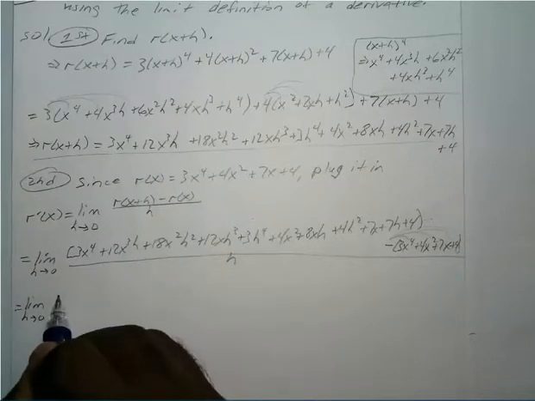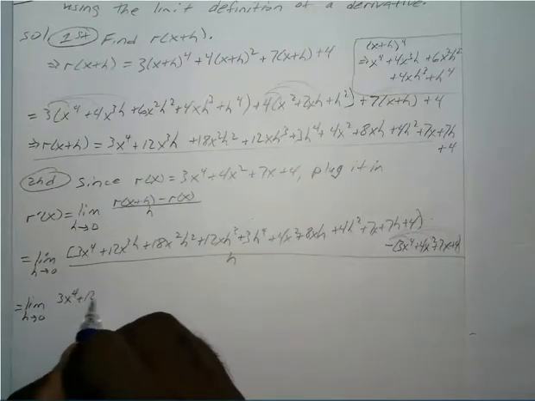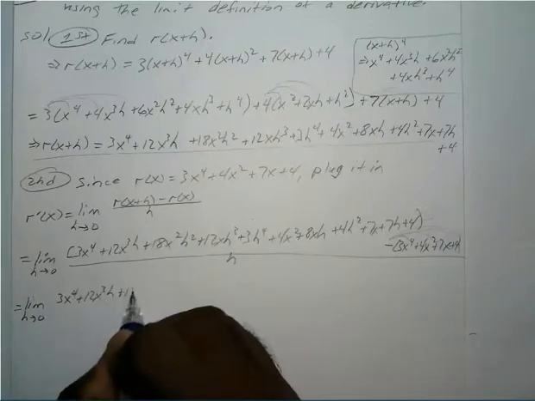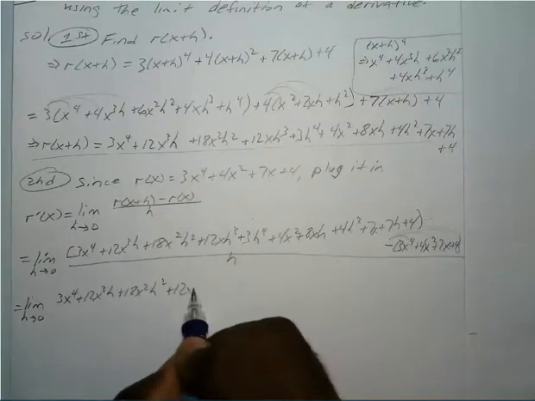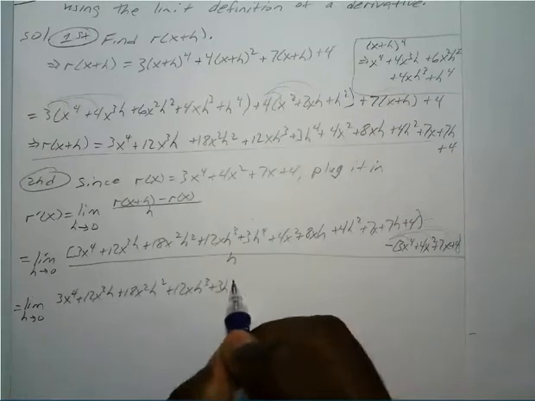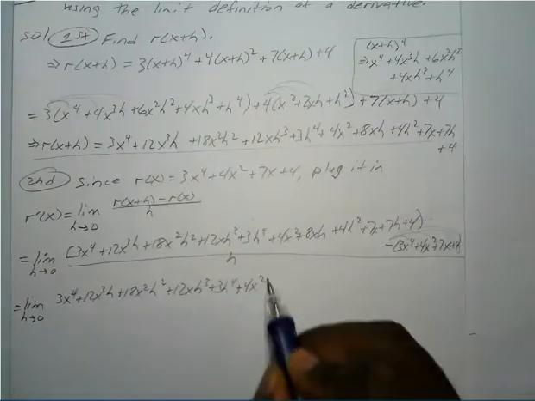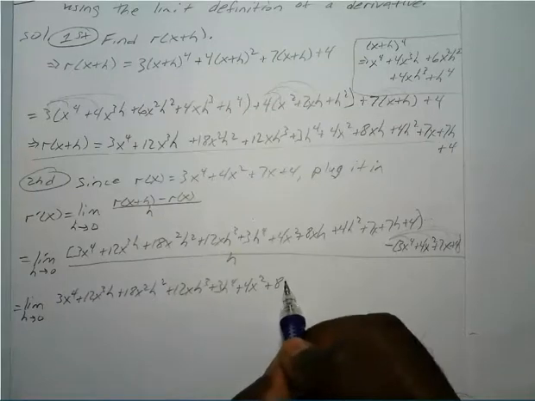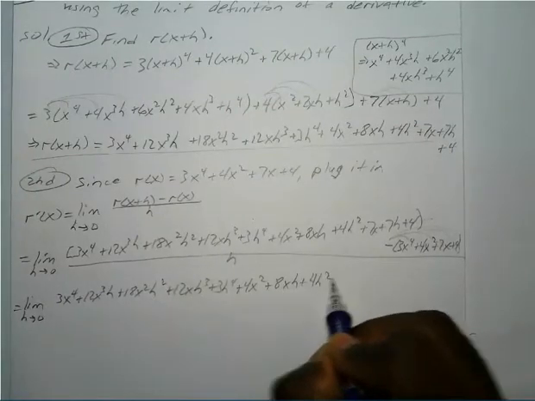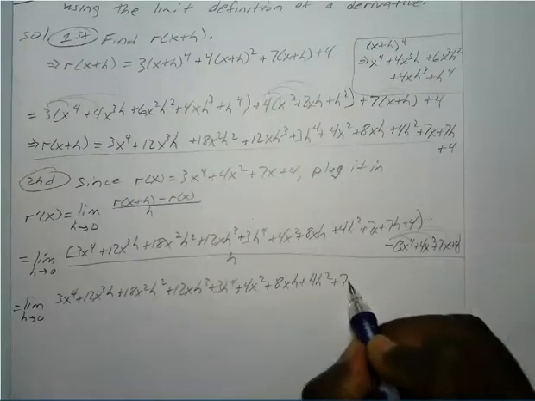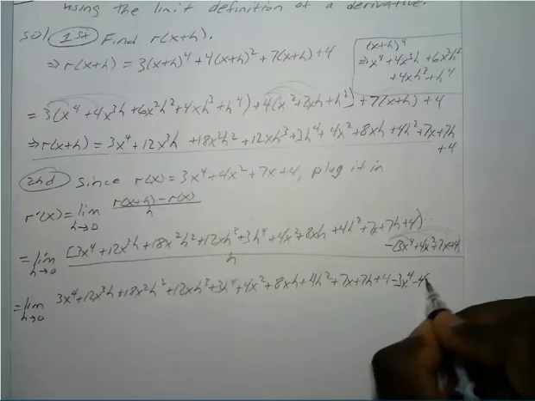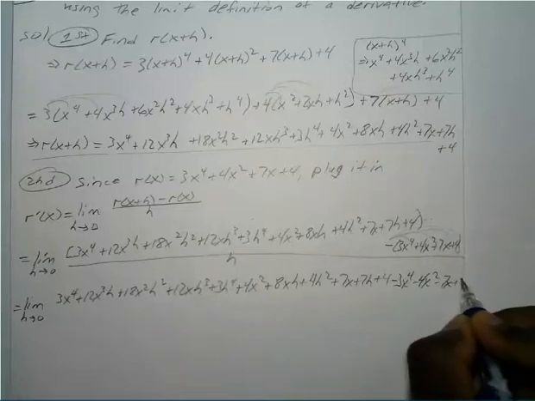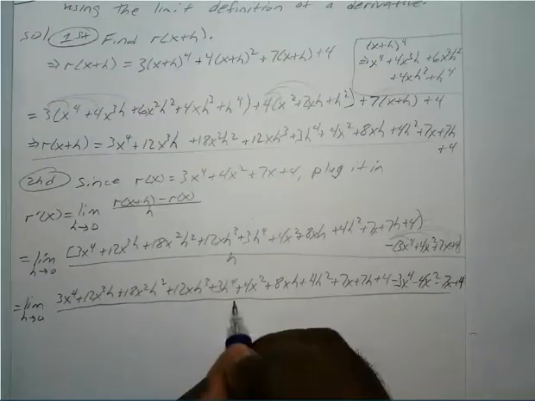So you have 3x to the 4th plus 12x to the 3rd h plus 18x squared h squared plus 12x h to the 3rd plus 3h to the 4th plus 4x squared plus 8xh plus 4h squared plus 7x plus 7h plus 4 minus 3x to the 4th minus 4x squared minus 7x plus 4. Got it all on there. All that over h.